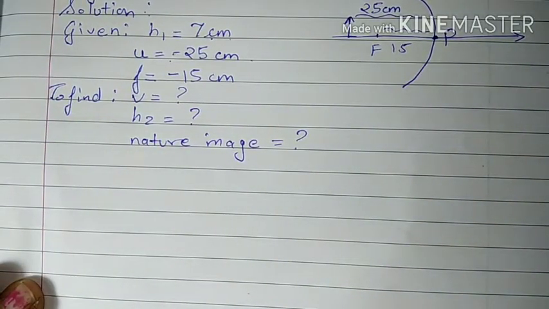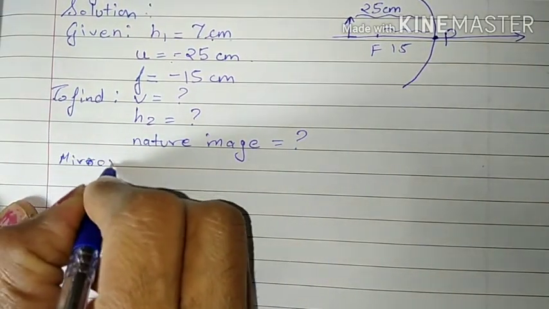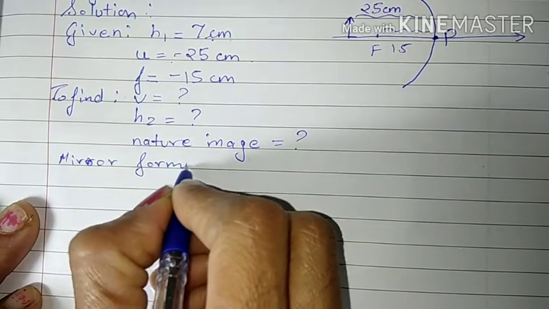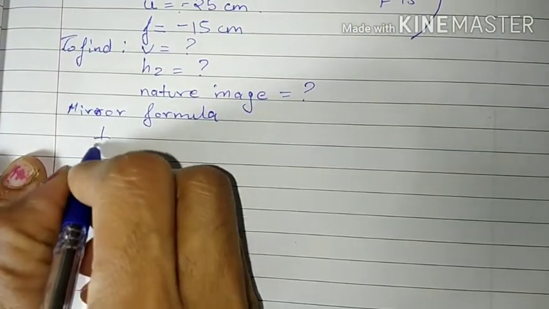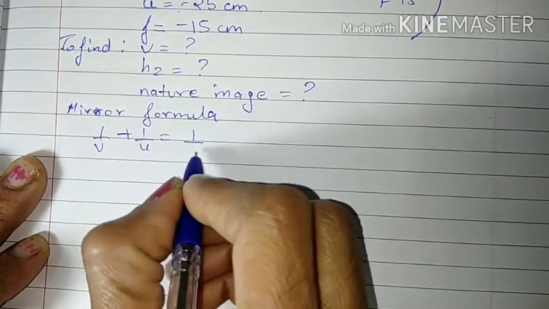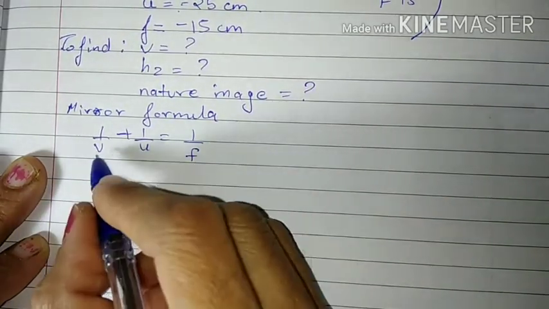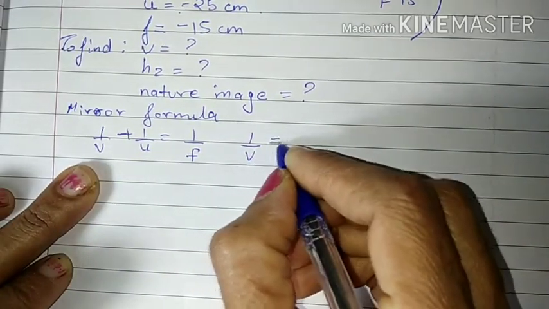Now to find this, we'll use the mirror formula. The mirror formula is 1 upon V plus 1 upon U is equal to 1 upon F. Let's substitute the values. V we need to find out, so you keep this on one side.